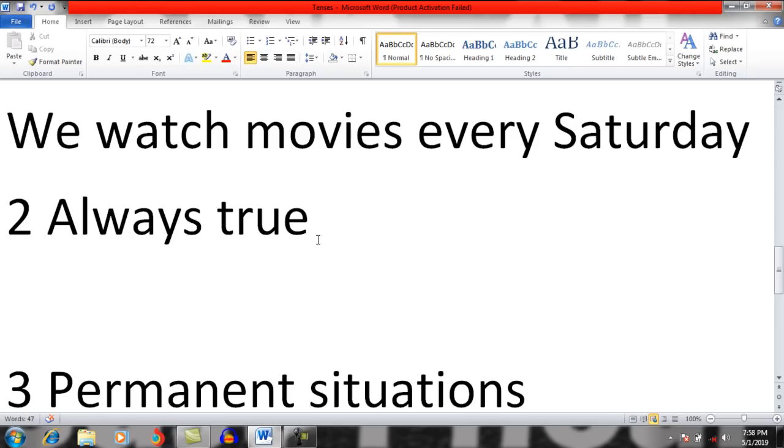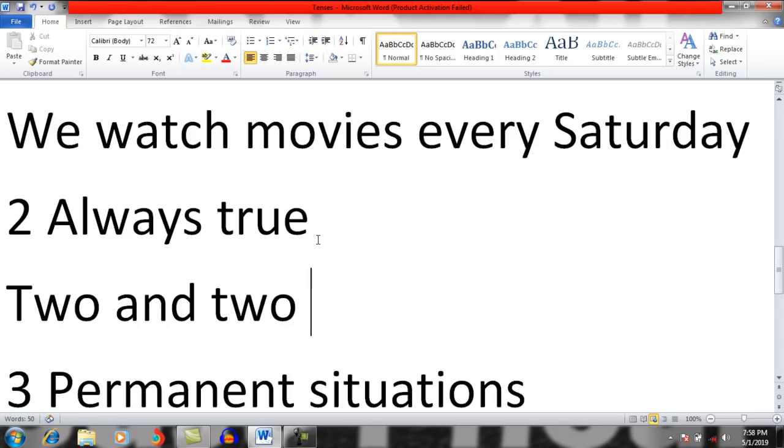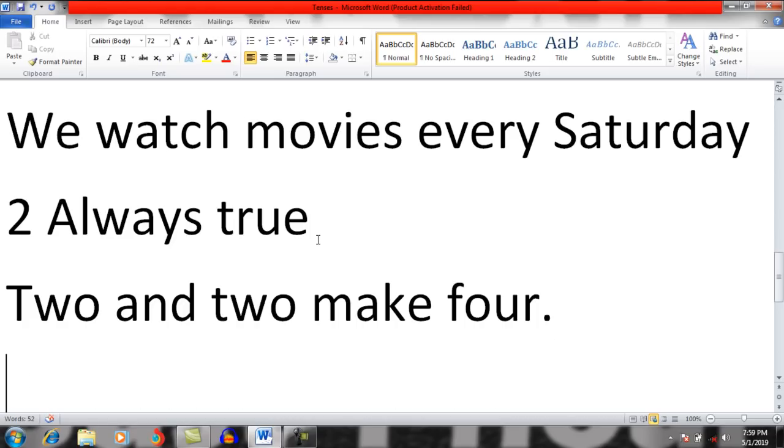Mostly we express this point in quotes or proverbs like this: 2 and 2 make 4. This is like a quote.